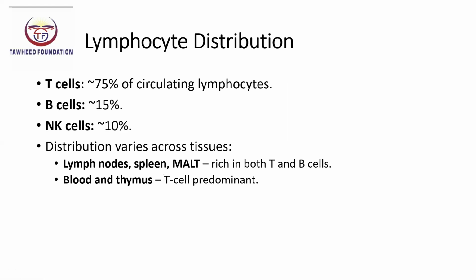In contrast, tissues like blood and thymus are predominantly populated by T cells, reflecting their role in immune regulation and activation. This strategic distribution ensures that immune defense mechanisms are present wherever foreign antigens may appear.